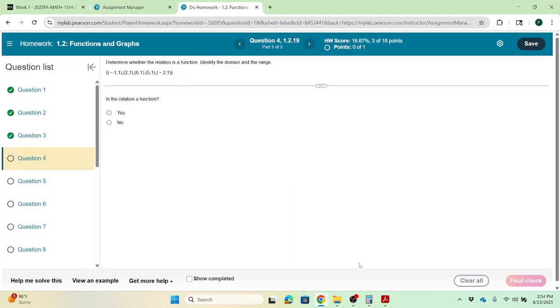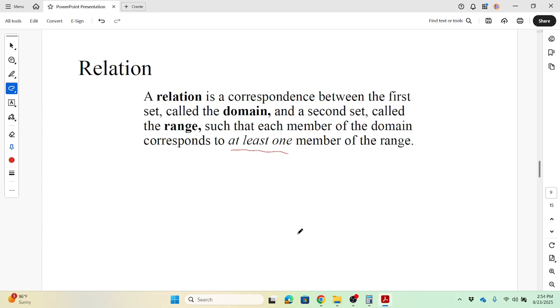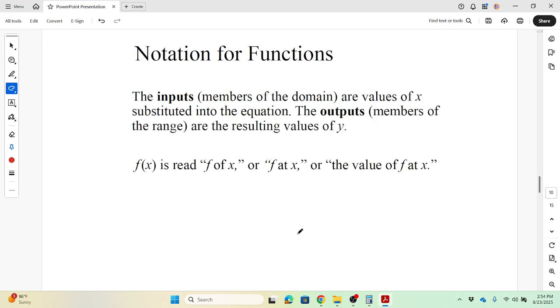Okay, I'm not going to do the same problem here. So we know the difference between the relation and function. Next, we use a very special type of notation for the function. We denote the function, for example here, as f of x. f of x means it's a function of x.